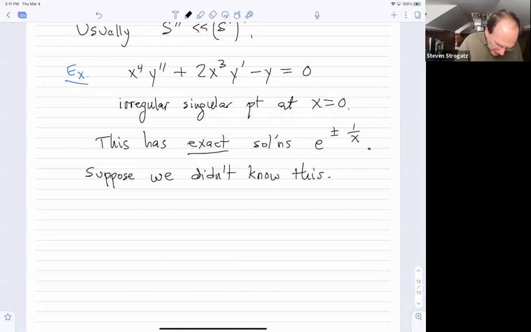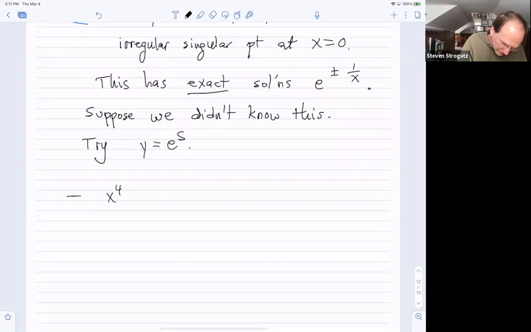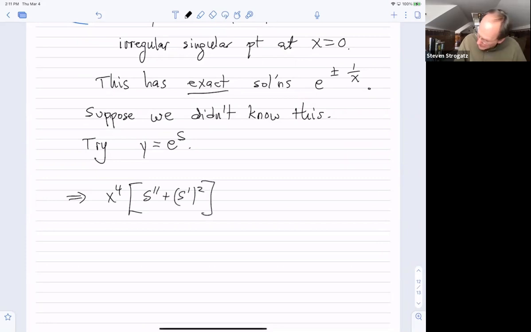Okay, so then if we try the ansatz y equals e to the s, then doing the stuff that I just wrote down for the second and first derivative, you would get x to the fourth times s double prime plus s prime squared, plus, my equation said 2x cubed, substitute for y prime, here I have an s prime, and then minus 1.